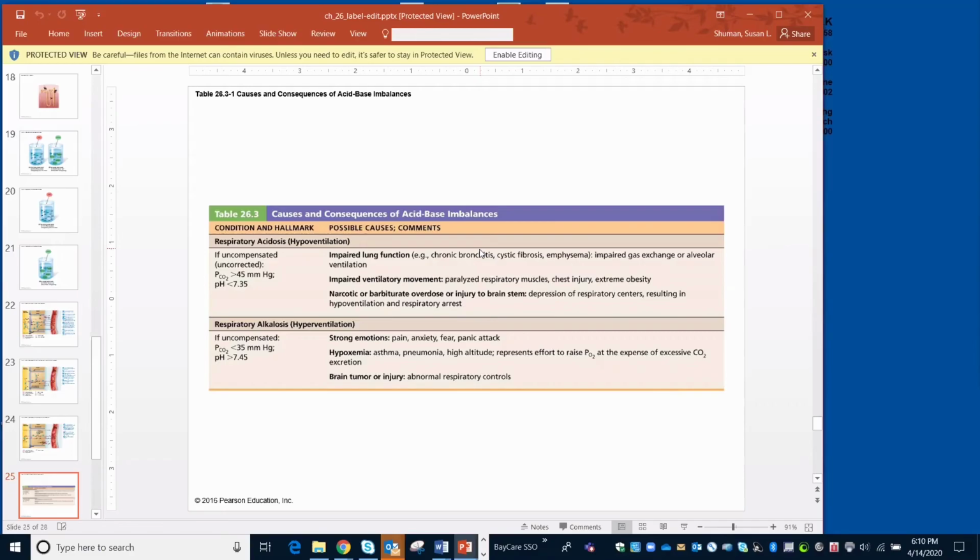When you look at alkalosis in general, anything that is above 7.45 is truly alkalotic. But what I want you to always remember is that in the range 7.35 to 7.45, 7.4 is right in the middle. So to be really fully correct, anything that's lower than 7.4 is on the acid side.